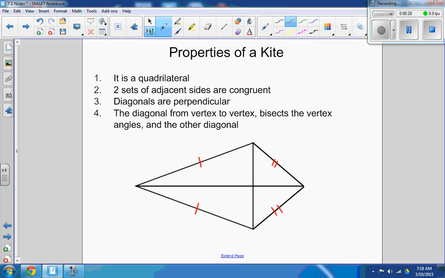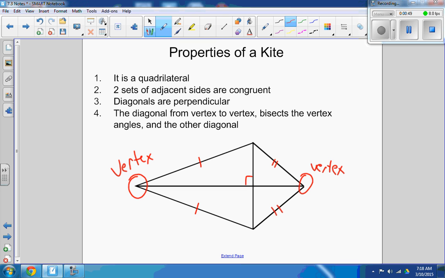The diagonals are perpendicular, and the diagonal from vertex to vertex, this is a vertex, this is the vertex. The vertices on kites are in between the congruent sides.